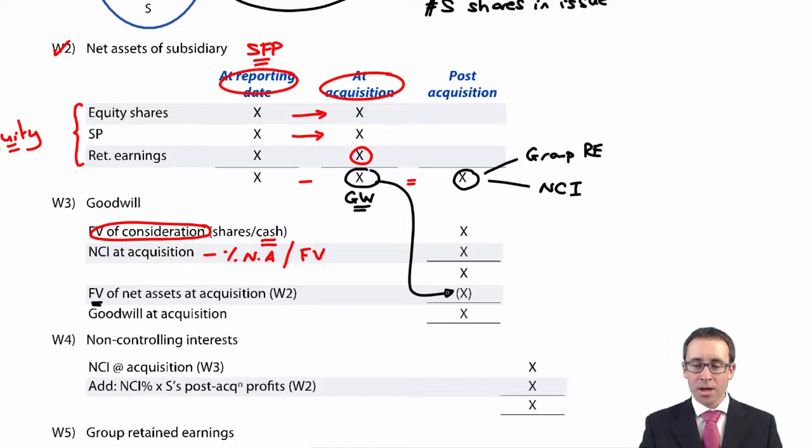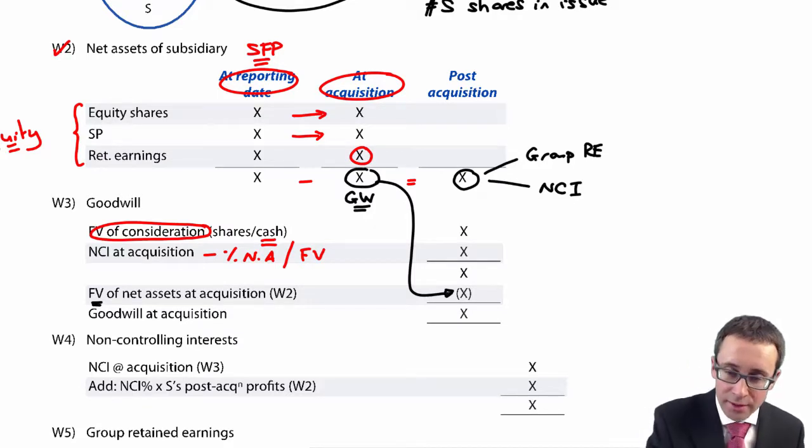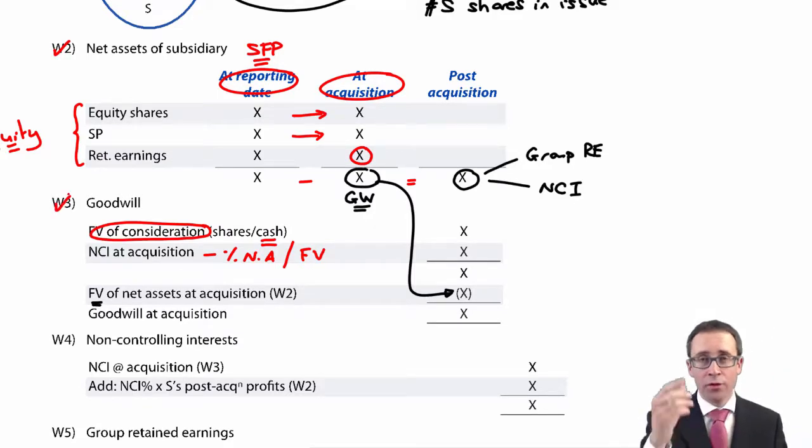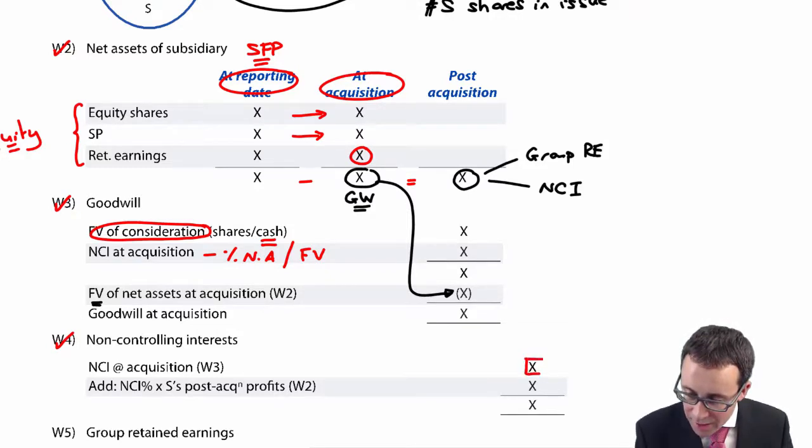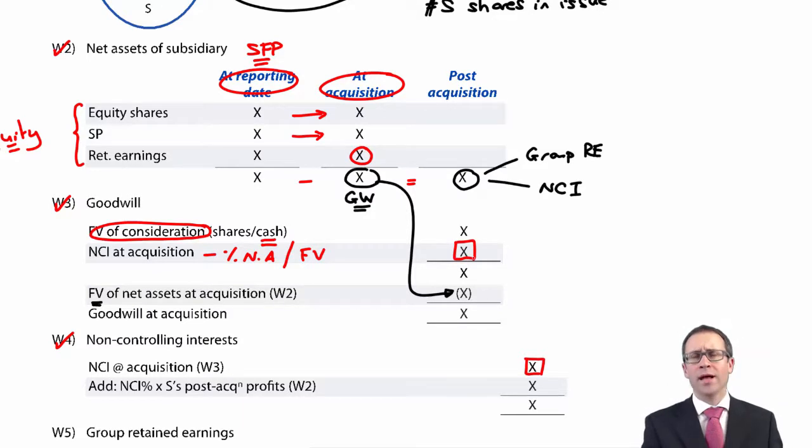Okay, non-controlling interest. Again, if you've stopped the video before and rewrote out the standard working, you'll hopefully have seen there that you take the NCI at acquisition. So this figure that you have here should be exactly the same figure that you have within your goodwill calculation. Again, the NCI is either on the proportionate share of net assets or the fair value method.